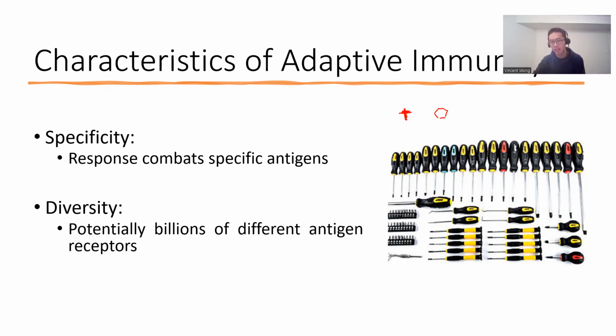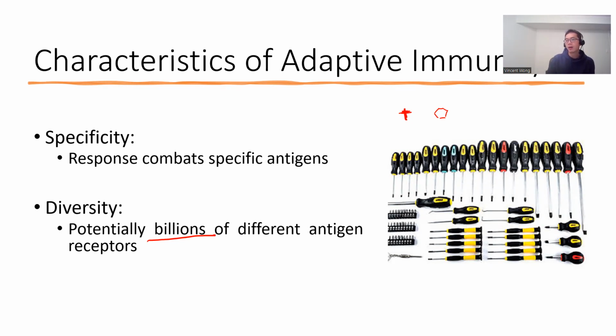You can make them for hepatitis, you can make them for E. coli. So there is the potential to recognize billions of different antigens when you consider adaptive immunity as a whole.